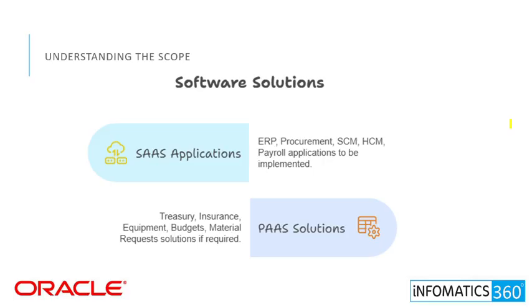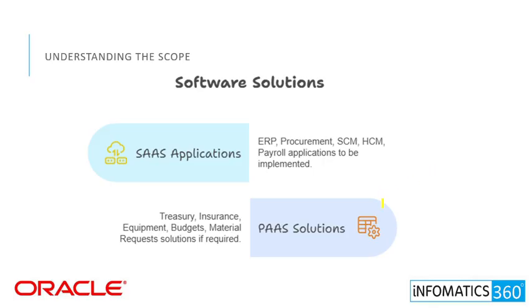Understanding the scope. In this step we clearly define what software solutions will be implemented. We have SaaS applications and we have PaaS applications. Under SaaS applications we include core modules like ERP, procurement, SCM, HCM and payroll. These are all parts of the Oracle standard cloud suite.